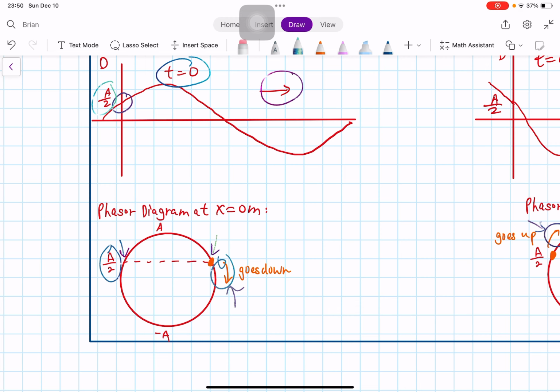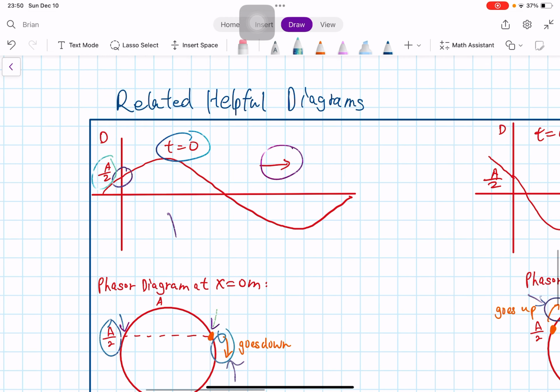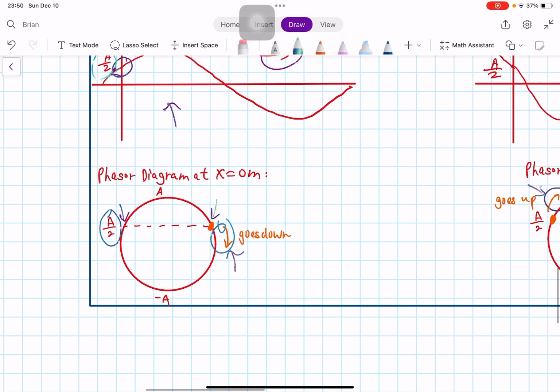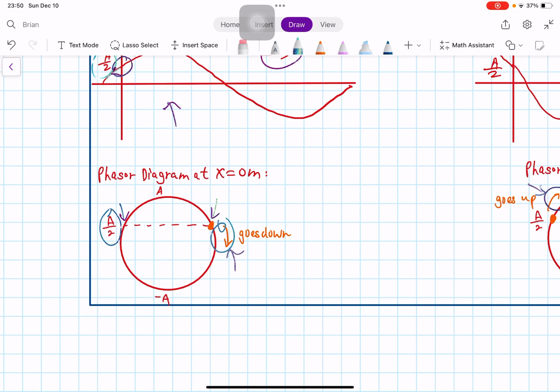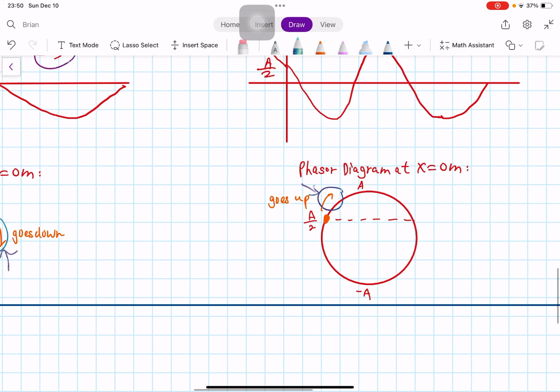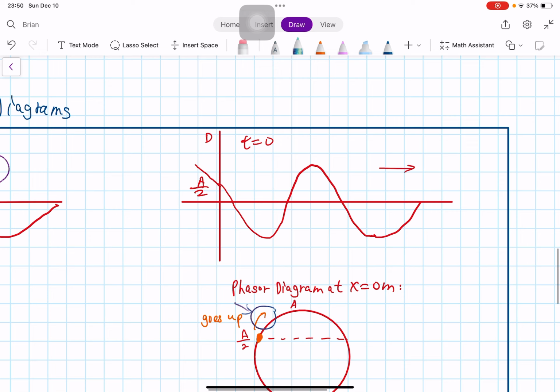It's because when we're looking at this diagram here, as the wave is traveling to the right, this particle essentially moves downwards. So the only possible case that the particle would move downwards is when it's between 0 to 90 degrees. And the same thing here, when this is traveling to the right, this particle would actually move upwards. So it's going to move here.